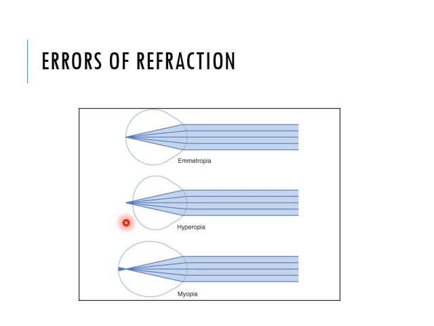This is hyperopia or hypermetropia, farsightedness, where either the lens system is so weak or the eyeball so small that the parallel light rays focus far behind the retina. In myopia, the lens system is so strong or the eyeball too oblong that the parallel rays of light get focused in front of the retina. This is called myopia or nearsightedness.